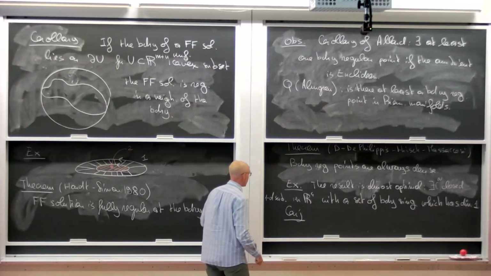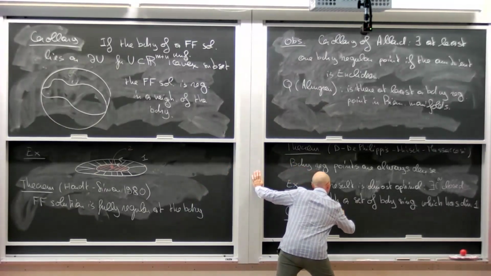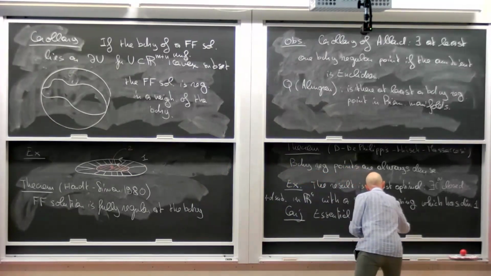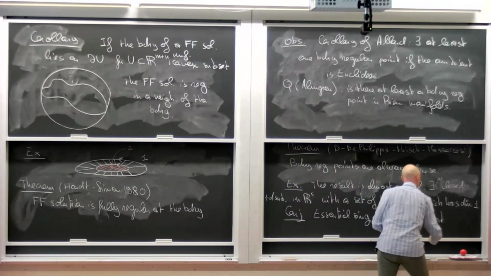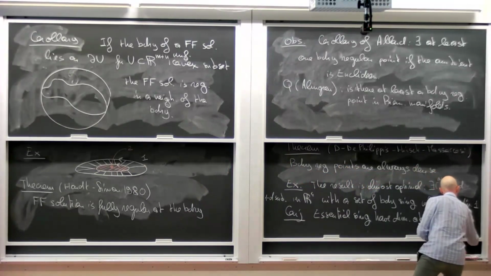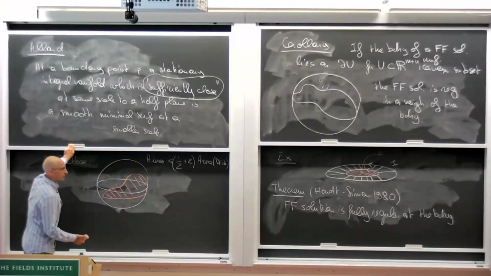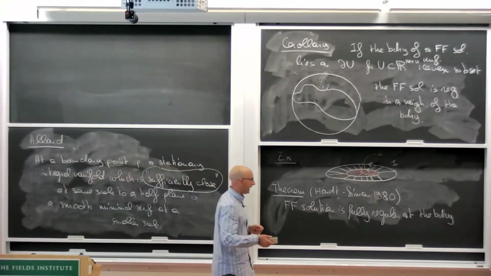And so my conjecture would be that essential singularities have dimension at most m-2. Okay, so there's a lot to do towards that direction. I don't have the faintest idea on how to approach that.